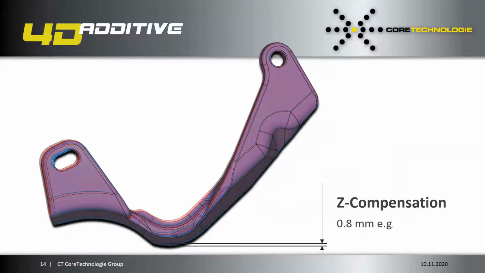And if you see the red model on the blue one, which is the original, and the red one is the modified model, then you see that here at the bottom we have this distance, and also in the holes. So after the printing, the model can go down, let me say like that, and can be modified. This is why the Z compensation is now also integrated in for the additive.